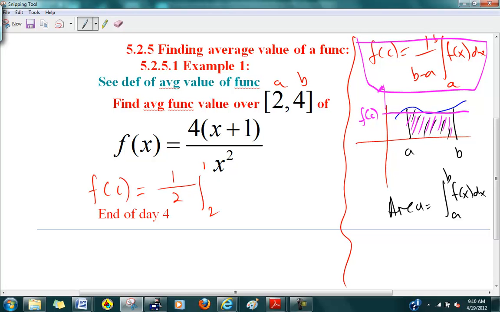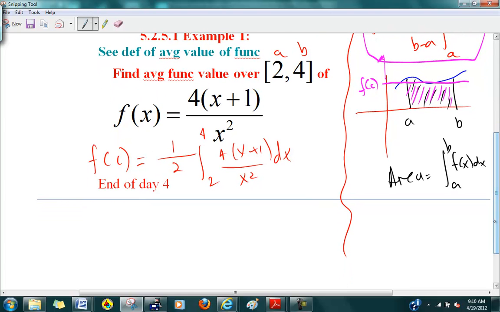Integral from 2 to 4 of 4x plus 1 over x squared dx. And I'm going to pull the 4 out, so I get 4 over 2, integral from 2 to 4 of x plus 1 over x squared dx. You should be able to chug this one now.